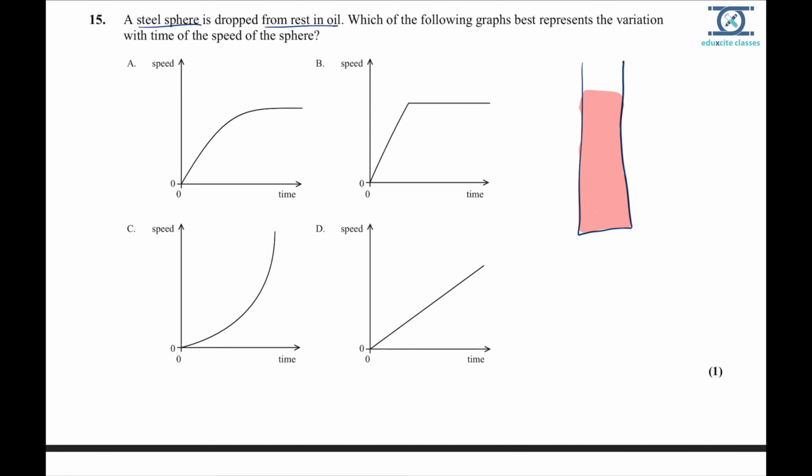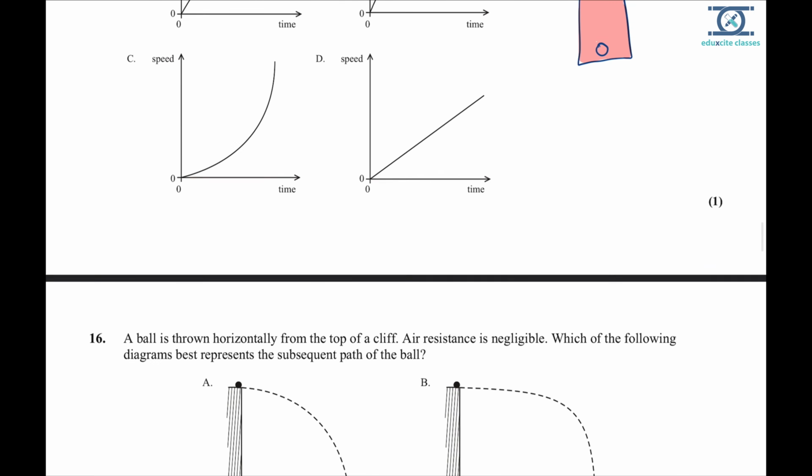If a steel ball like this is dropped, it will go and achieve a terminal velocity due to the viscosity of the liquid. So speed will continuously increase and it will reach a constant velocity. This is known as terminal velocity. Rest all graphs are incorrect. Option A is the right answer.